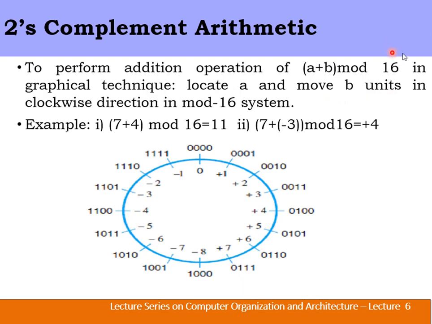As we are making use of mod n, where n is equal to 16, the mod 16 system must be used. This is the mod 16 system graphical representation, which consists of all the possible values for positive and negative numbers when a 4-bit system is considered. So to perform addition with the graphical method, we locate the first number a, and then move b units in a clockwise direction.